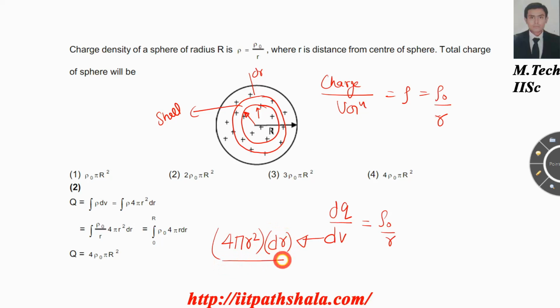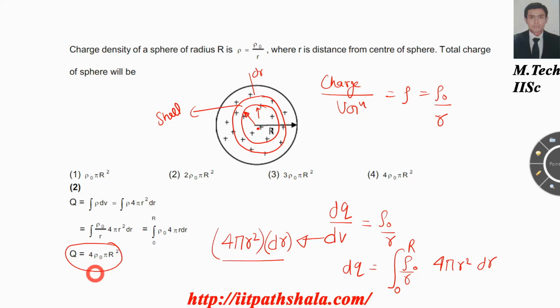So I am left with dq equal to rho naught by r times 4 pi r square dr. Now you have to integrate from 0, because you are starting from the center, to the outer radius r itself. Integrating it as follows, you are left with the following expression of charge over here.